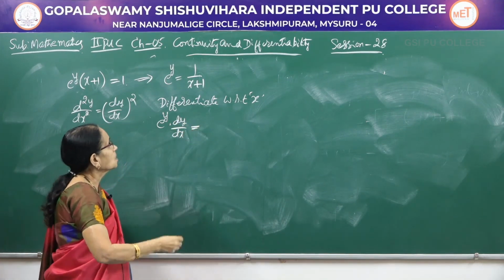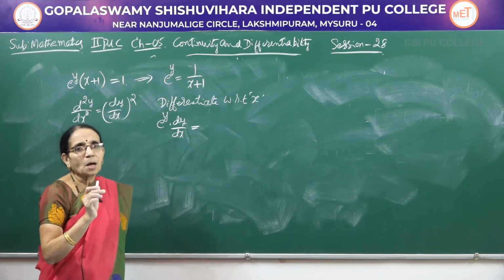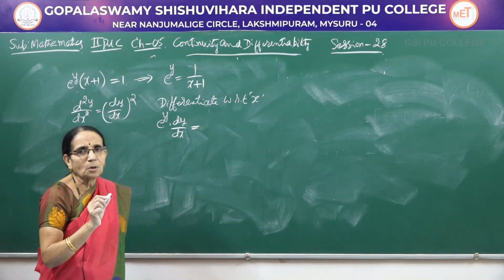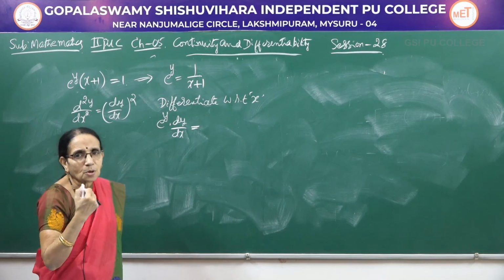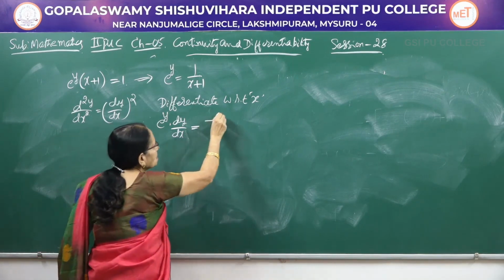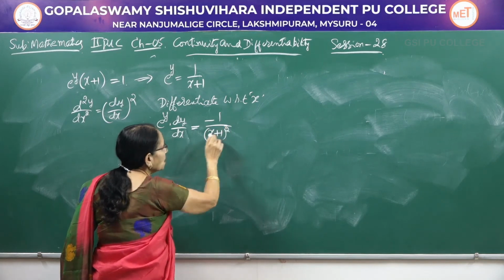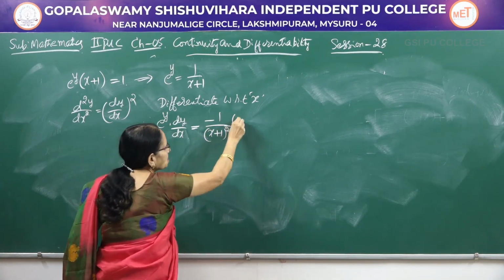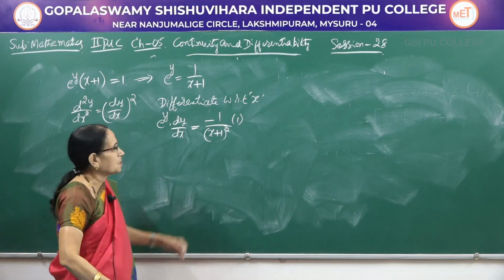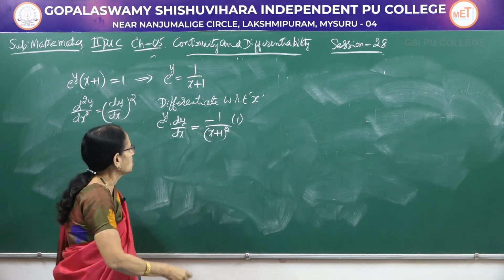This is equal to, now you have to apply the formula for 1 by x. What's the derivative? Minus 1 by x square. So same thing here, minus 1 over x plus 1 the whole square. Of course, even this has to be differentiated, whose derivative is 1. Because it is 1, you need to write it also.